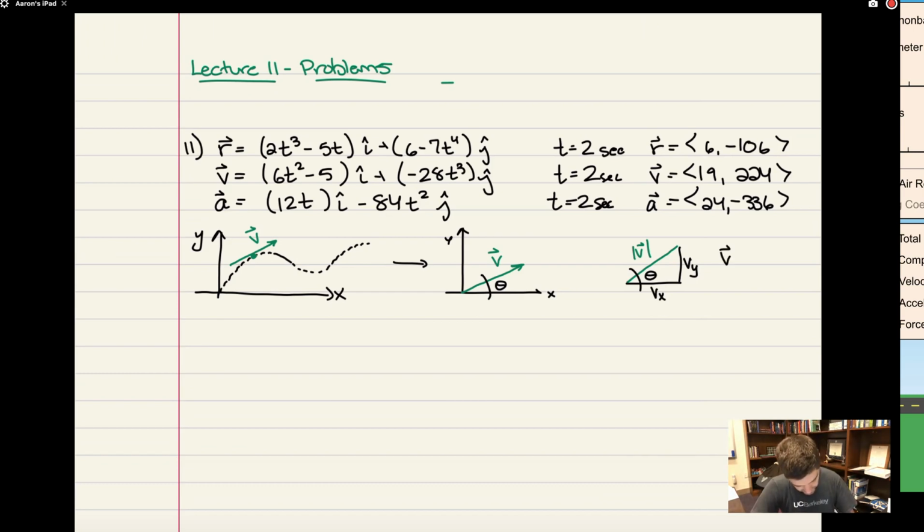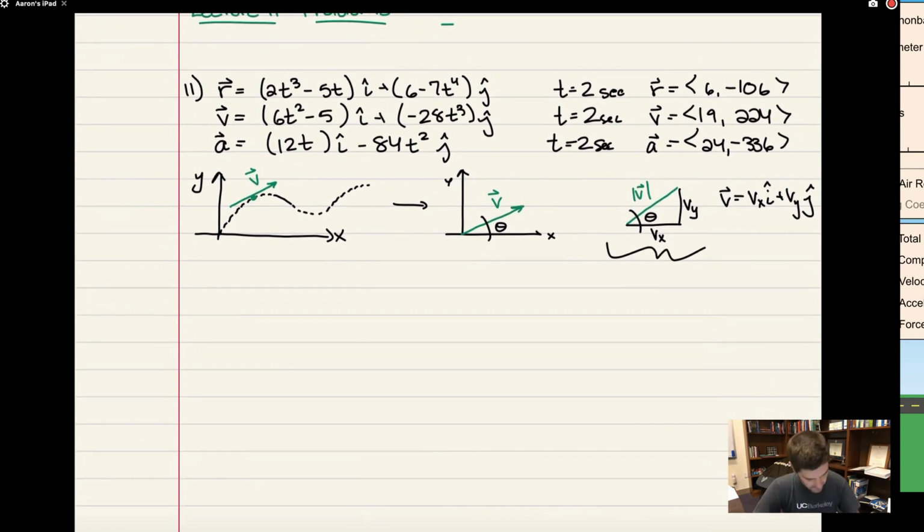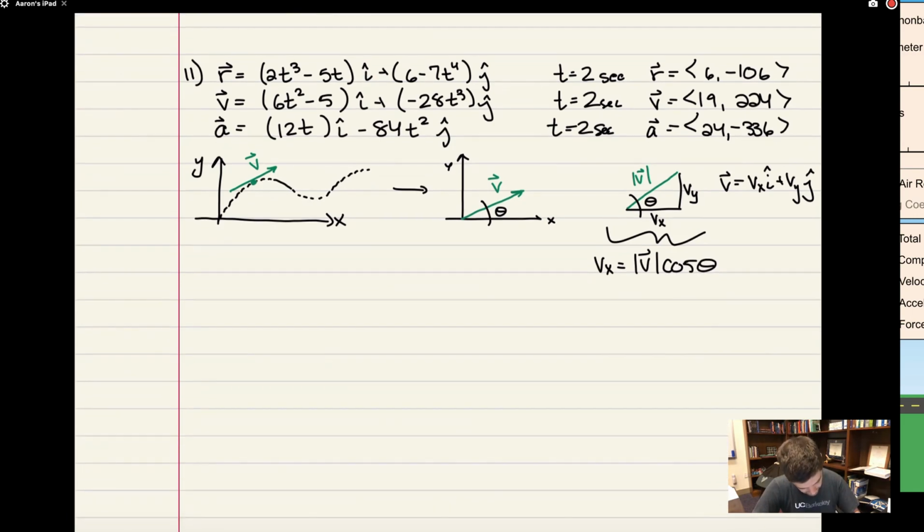If I were to write v as Vx i plus Vy j, where actually we know Vx in this case is 19 and Vy is 224. But given this right here, we can realize that Vx equals the magnitude times cosine of the angle, or that cosine is Vx divided by the magnitude of the vector.